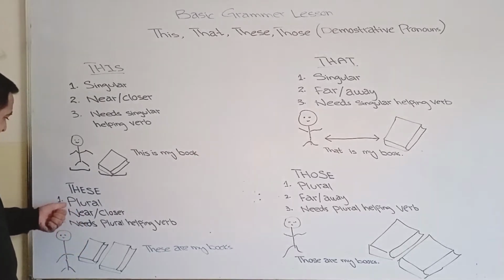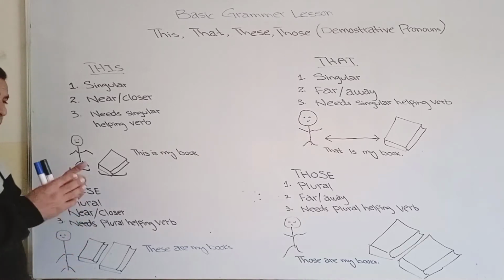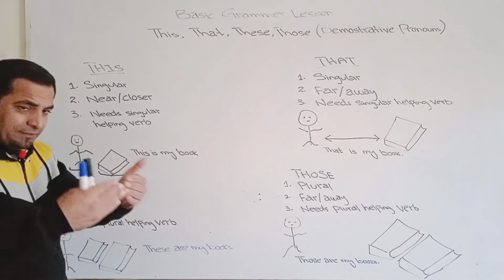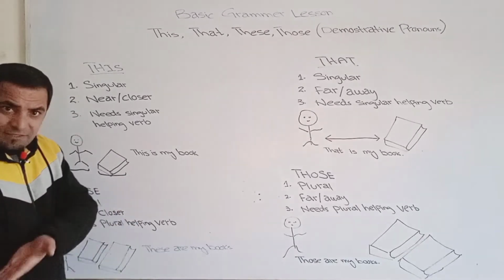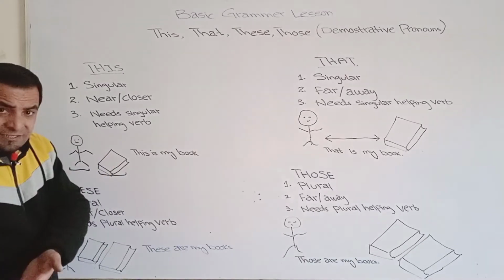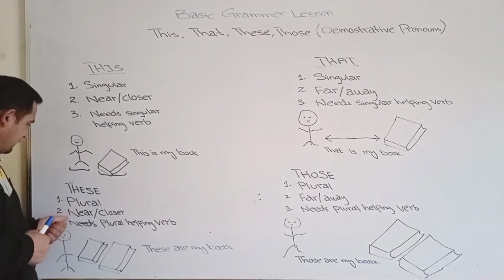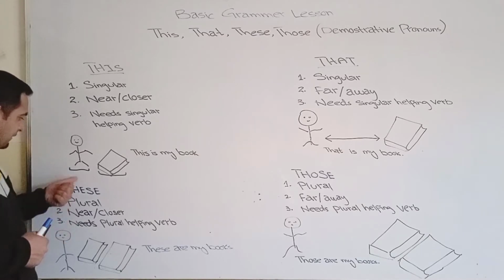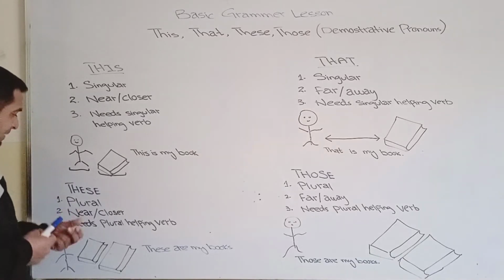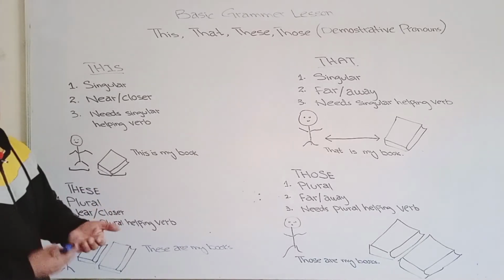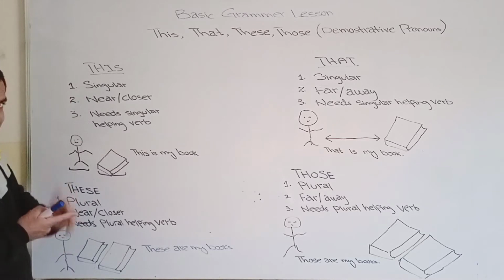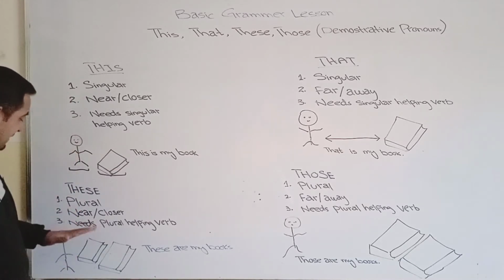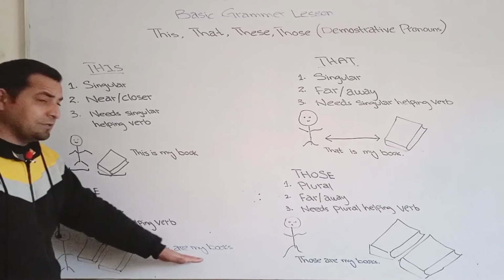The second thing we need to know about the use of these is when an object, a person, or thing is near or closer to you, you could say these people, these books, all right? And then the third thing is that these, when it's used as a subject, needs a plural helping verb. Now, in the case of this, we used a singular helping verb. In the case of these, we are going to use a plural helping verb.